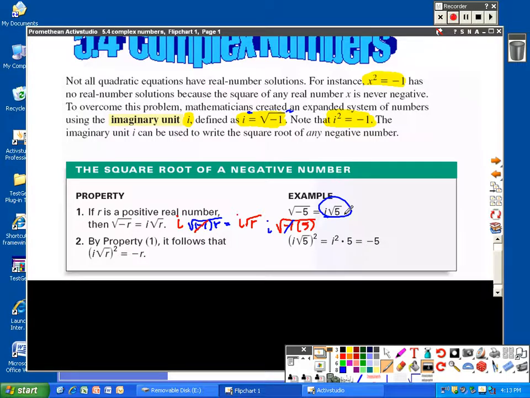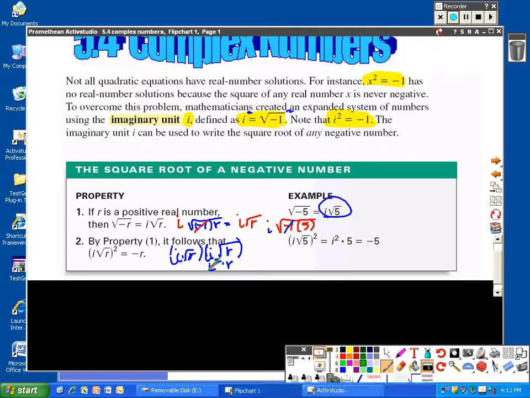Also to note that when you have i square root of r, quantity squared, what that means is i square root of r times i square root of r. i times i is i squared. Square root r times square root r is r. All i squareds are replaced with a -1.